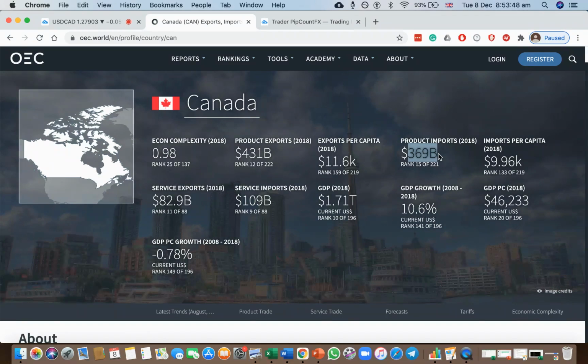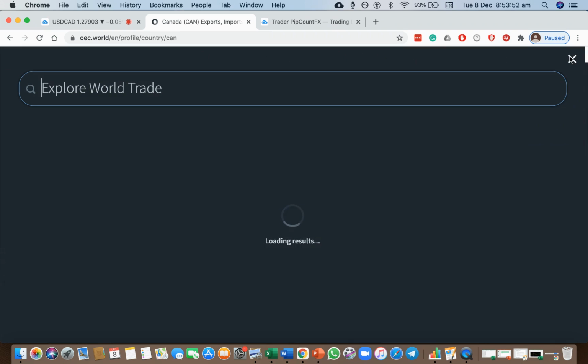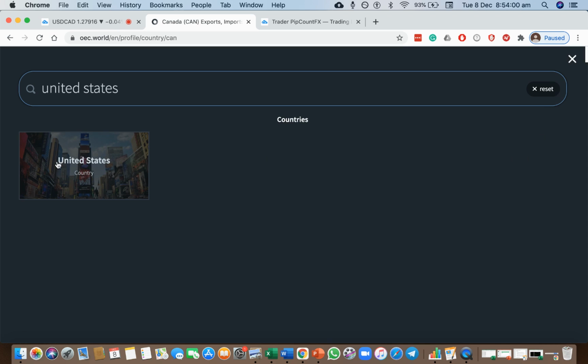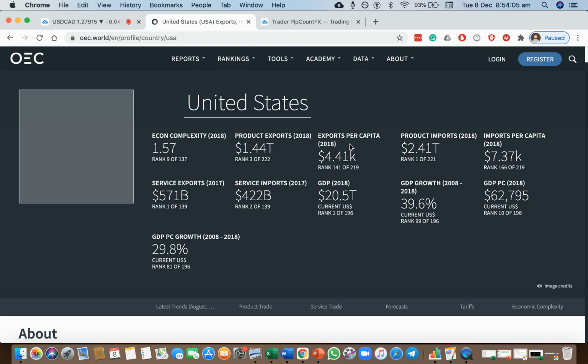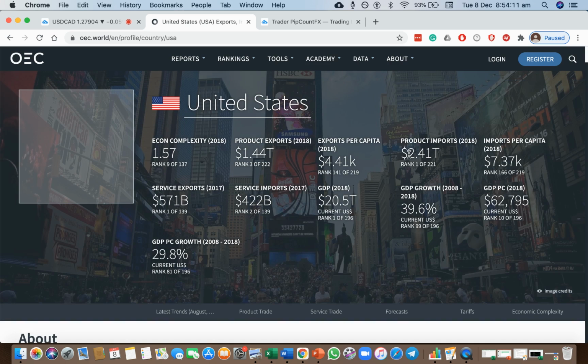So there's a positive flow of money coming into Canada, whereas with the United States, a completely different situation because the US has a huge current account deficit because they're importing a larger majority of goods into the US than they're exporting. So they're exporting 1.4 trillion, but they're importing 2.4 trillion. So they're literally importing double what they export. So there's lots of US dollars going into the rest of the world.